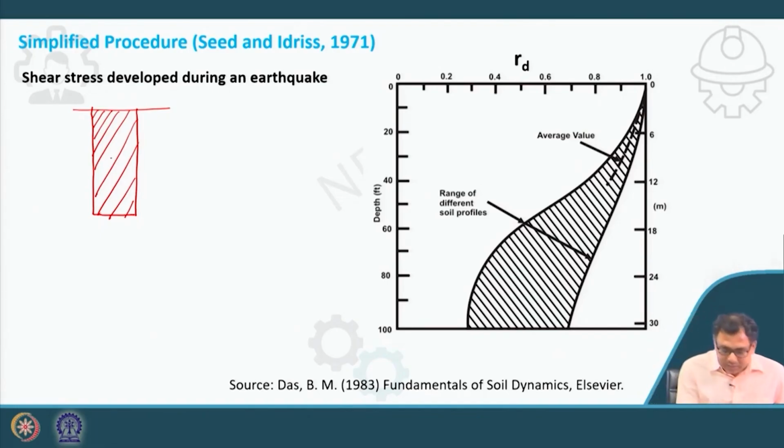Now this is the weight of the column, W, the weight of the soil column.